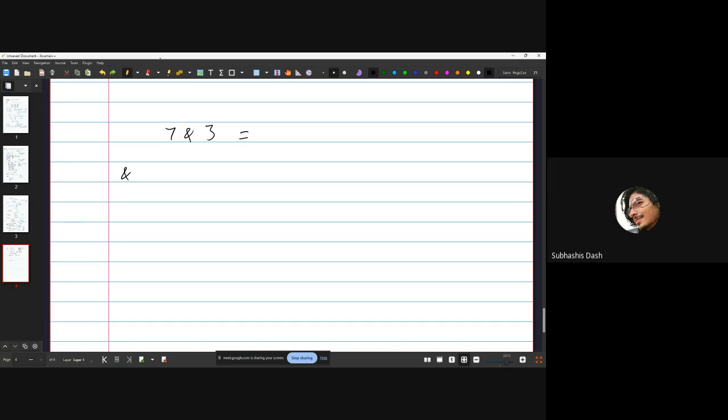So bitwise AND is just a single ampersand. Bitwise OR is a single bar. Bitwise XOR is this one. So this is how we represent bitwise operators. And what they do is that they take the binary representation of the numbers and they work with that.